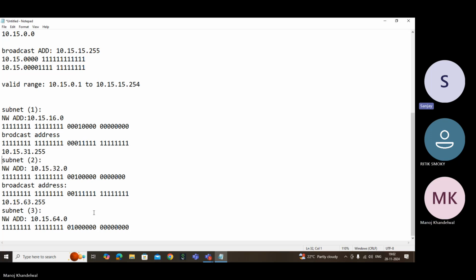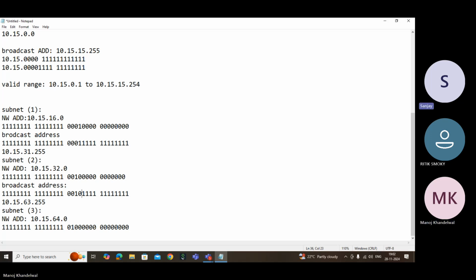So in the third octet of the broadcast address, should it not be 0010 and then 1111? Yes, for subnet 2, in the third octet of the broadcast address, you're right. It should be like this.